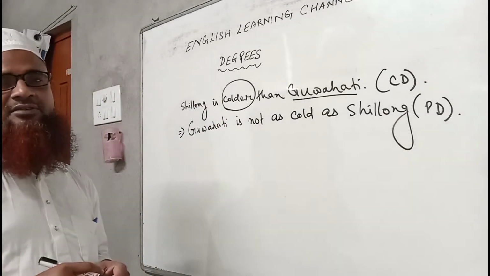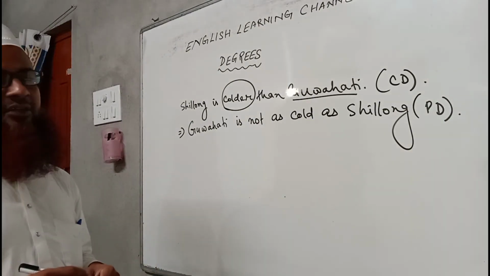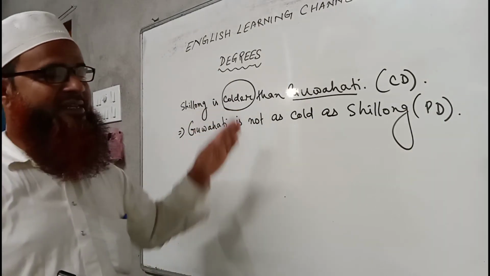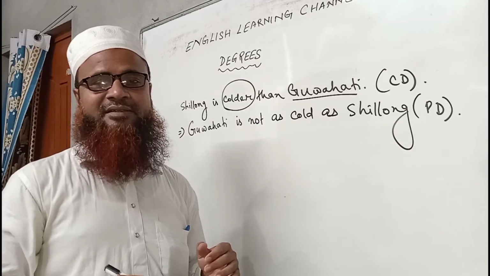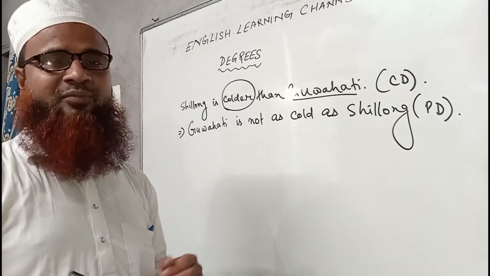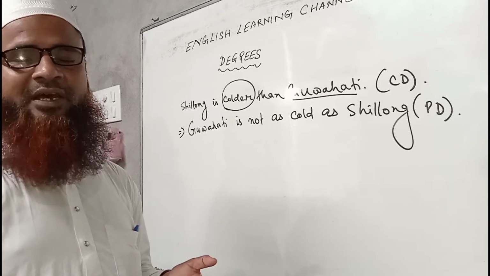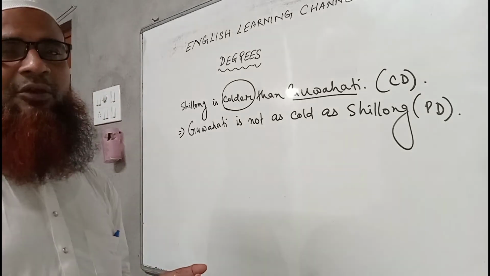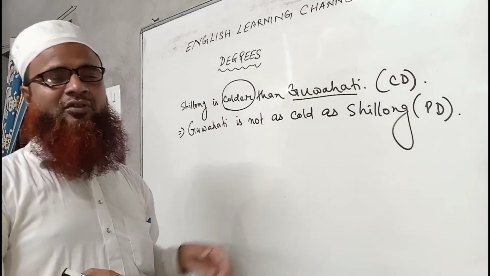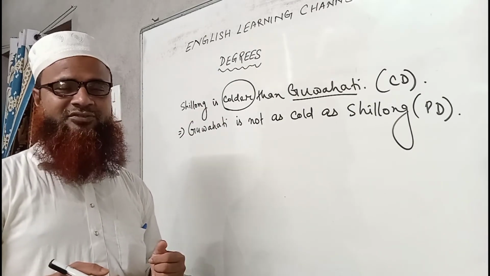Now we can change thousands of sentences from positive to comparative to superlative. These are the simple rules which English grammar allows for changing the degrees of comparison.